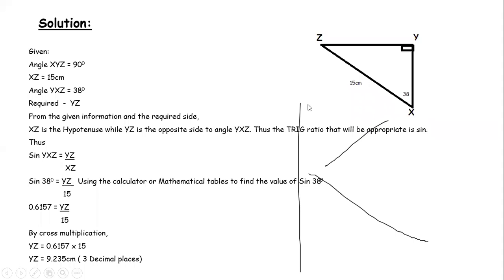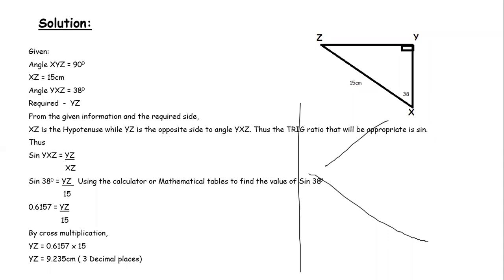I may need to sound a note of warning that at times the examiner may be specific about the number of decimal places that your answer should be in. If, for instance, the examiner said our answer should be to 2 decimal places, then our YZ will be equal to 9.24.